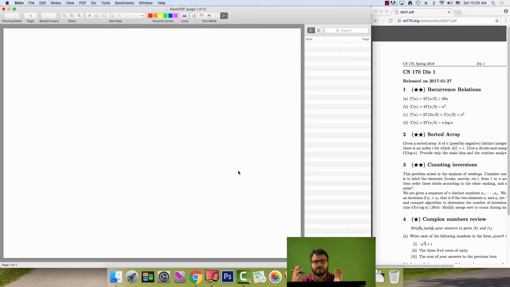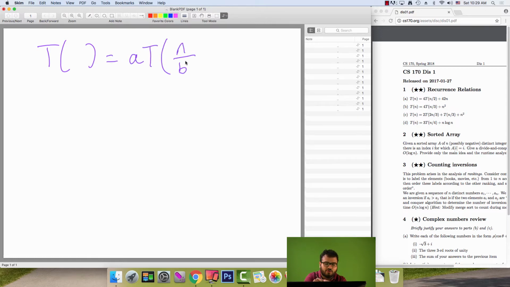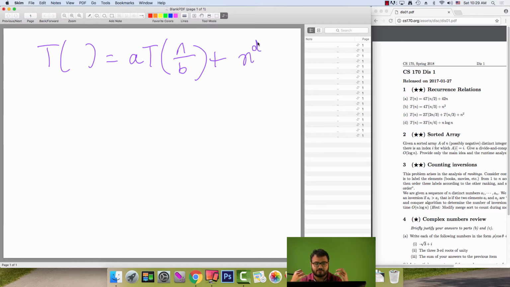The master formula applies for recurrence relations of the form T of n equals A T of n over B plus n to the power D. Let's learn how to read this. Let me write T of n.